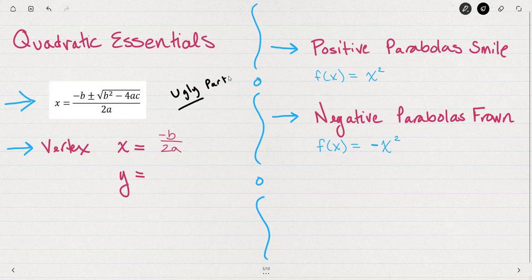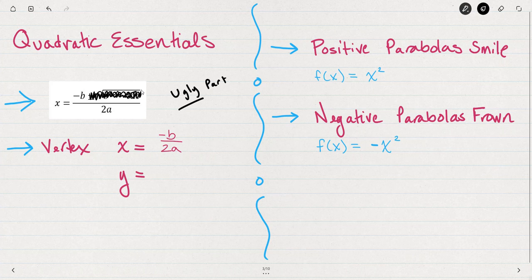If you were to pick out the part that I think is the most ugly, the most challenging to deal with, would you agree with me that it's going to be this radical? So what if we just get rid of that radical, the ugly part? We don't tell anyone I said ugly. Okay, there we go. If we get rid of that radical, what are you left with? The opposite of b over 2a.